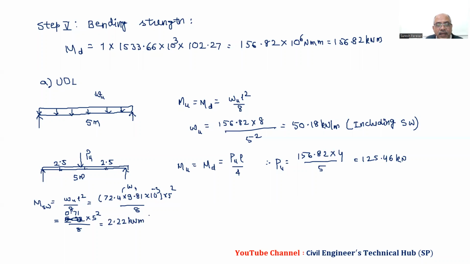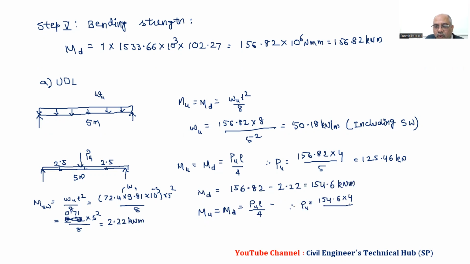Therefore, MD becomes 156.82 minus 2.22, and it comes 154.6 kilonewton meter. Then you can equate it: MU is equal to MD, PUL by 4. Therefore PU becomes 154.6 into 4 upon 5, and it comes 123.68 kilonewton.